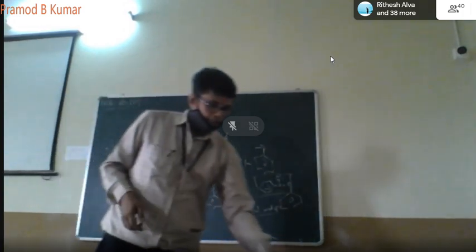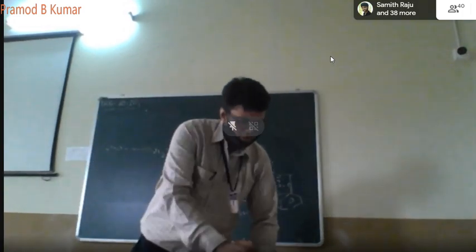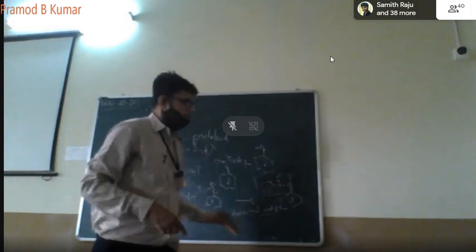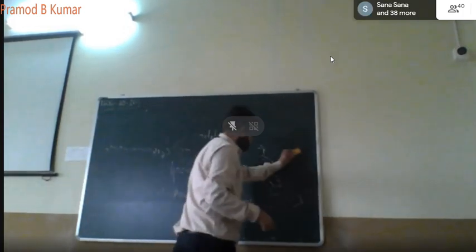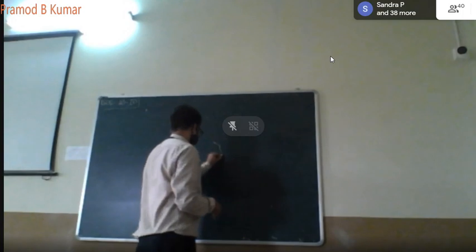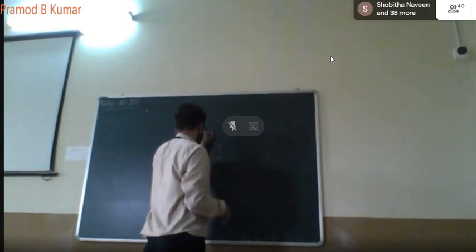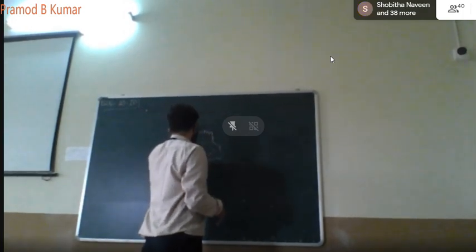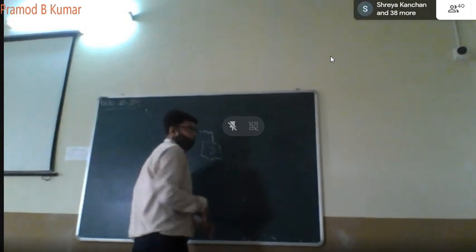What's the second reaction? It's the preparation of parabromoacetanilide from acetanilide. So what is acetanilide? Your aniline, which contains an acetyl group. This is acetanilide.